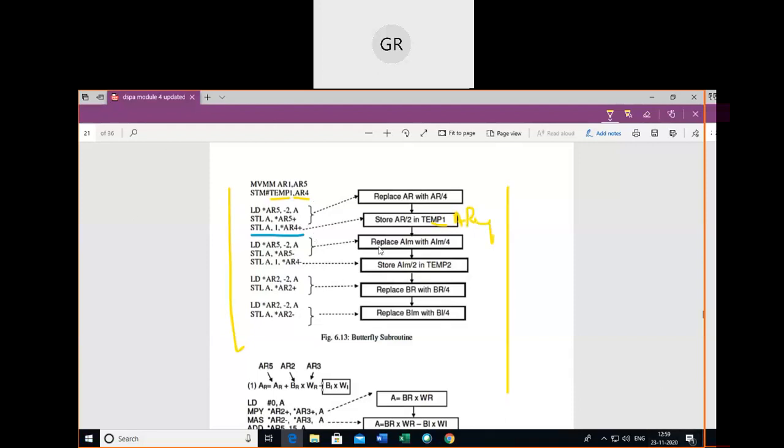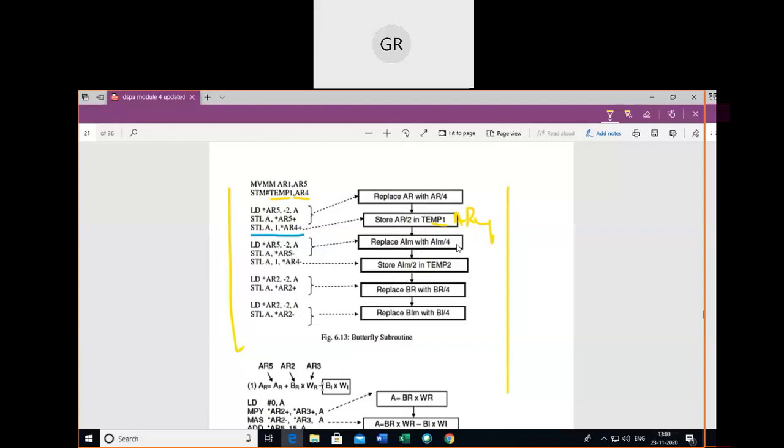Next, similarly for the imaginary values. The imaginary value of the input is also divided by 4. That's why load star AR5 comma -2 comma A. Then store A in star AR5 minus, after star AR5 plus, where the real value is stored. Star AR5 minus is where the imaginary value is stored. That is, AIM is replaced with AIM divided by 4.